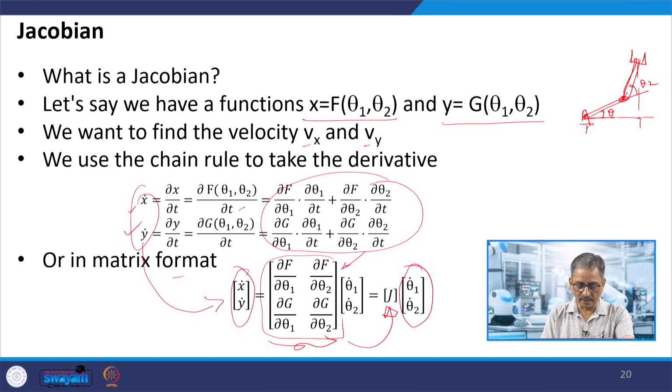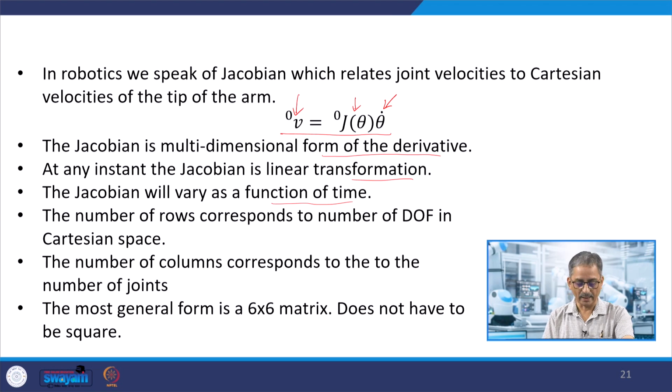The number of rows here corresponds to how many degrees of freedom you have in the Cartesian space, and the number of columns, because these columns are going to be multiplied by the joint velocity vector, indicates how many joints your manipulator has. The most general form is a 6 by 6 matrix, and it need not be a square matrix.